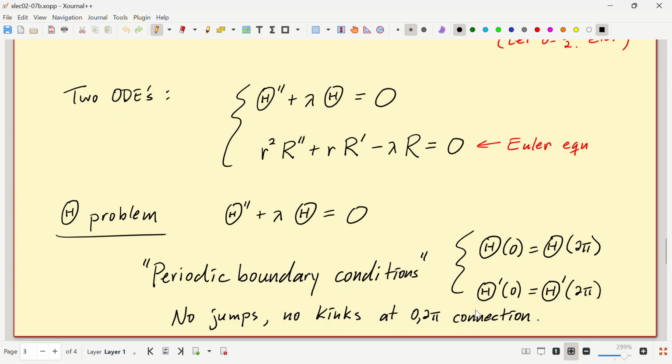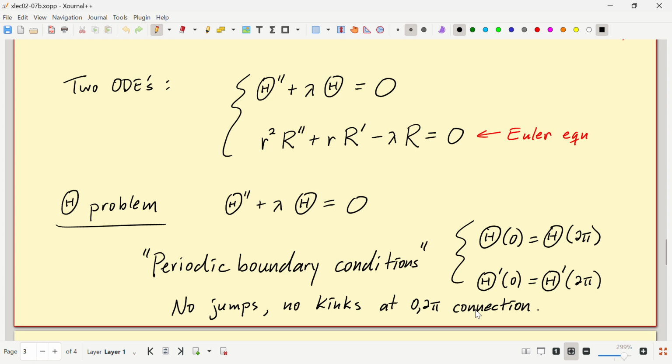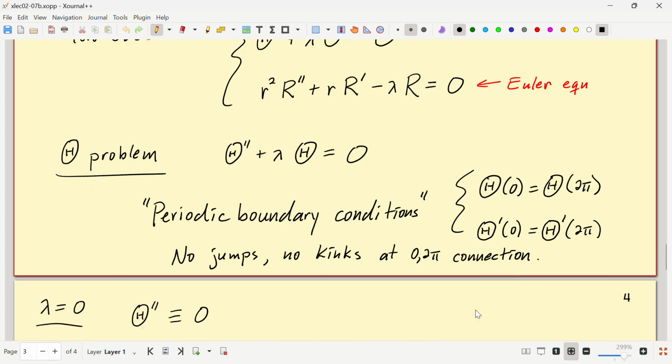You ask yourself what the boundary conditions ought to be for this problem, and you conclude that you need the solutions to be periodic. Meaning, when you start from theta equals 0 and come back to 2 pi, they better hook up. Otherwise you wouldn't expect your heat function to have a jump.